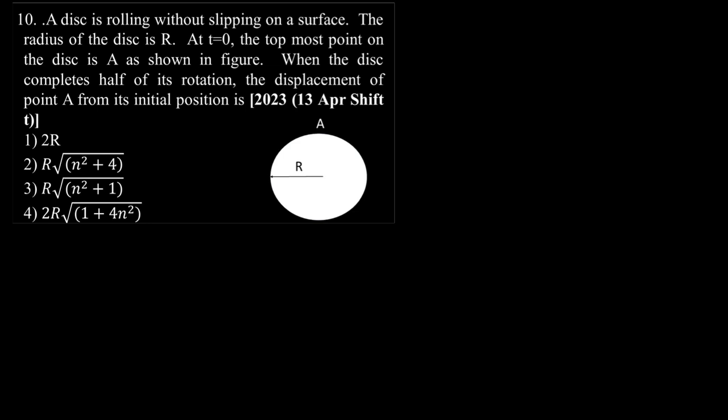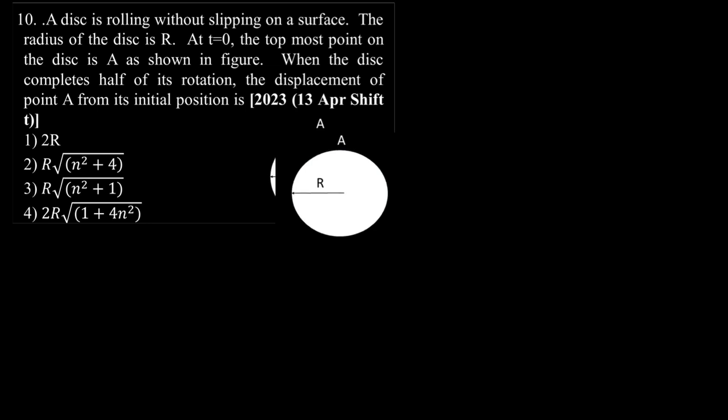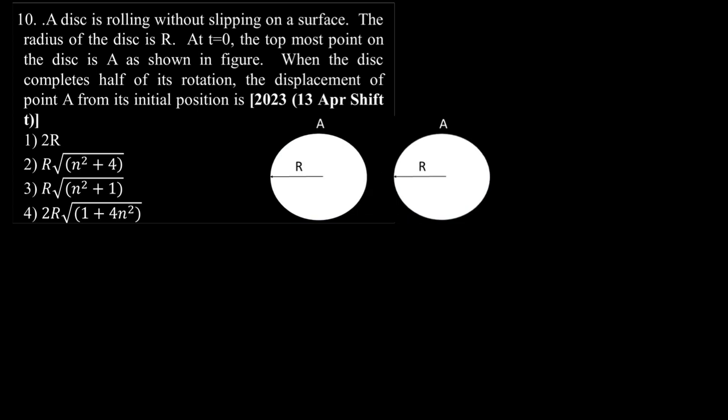So before we do this, let me first explain the motion here. See, we have an object A here, and what we see is the body A is rotating like this, or the circle is rotating like this, and slowly it reaches the diametrically opposite position by completing, sorry, not one rotation, but by completing half of its rotation.